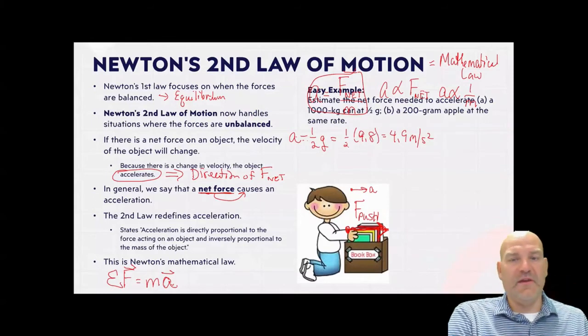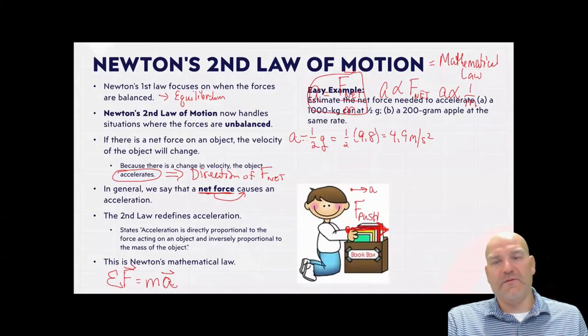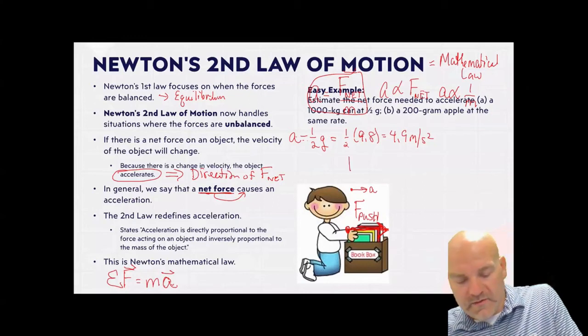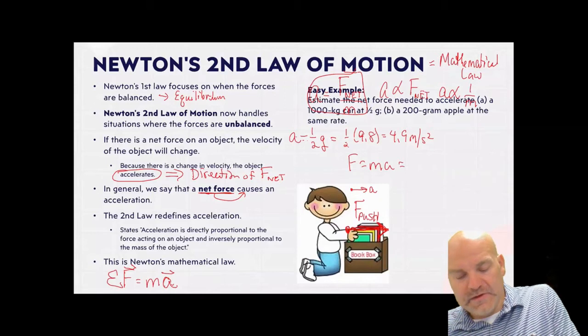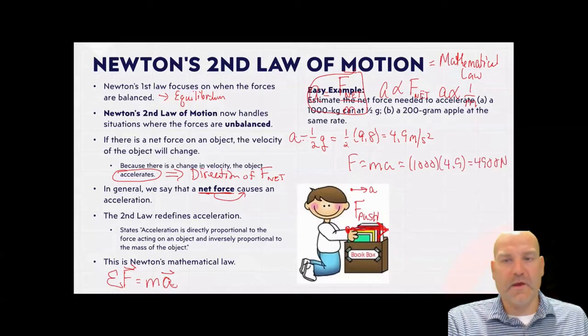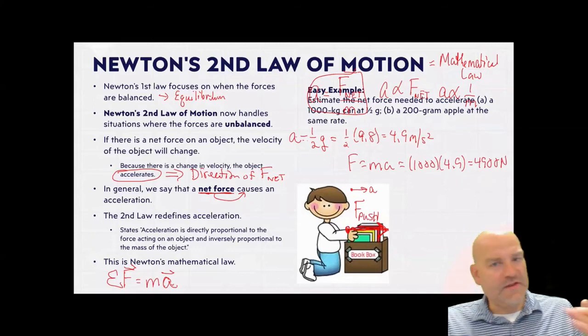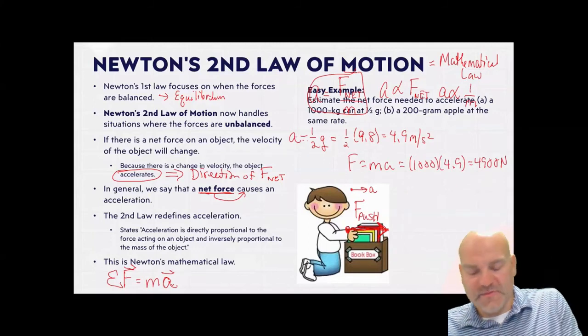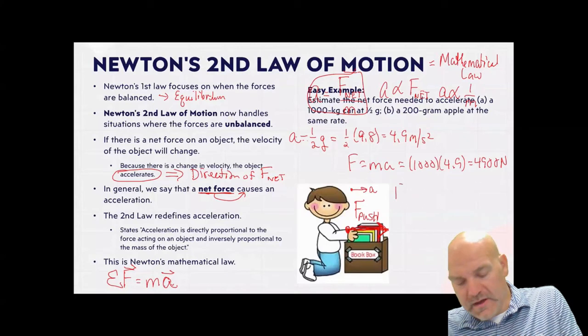This is what we're accelerating the car and the apple at. So F equals ma, and this is going to be 1,000 times 4.9, which gives us 4,900 newtons. You can see why I'm calling this an easy example, because we're basically just multiplying.